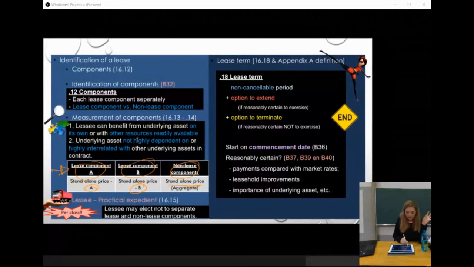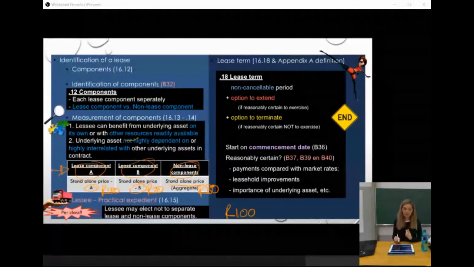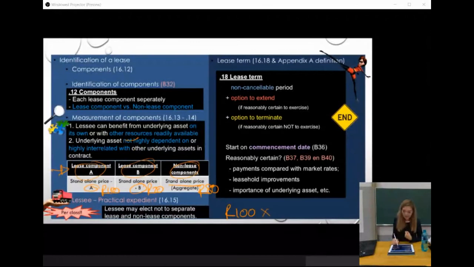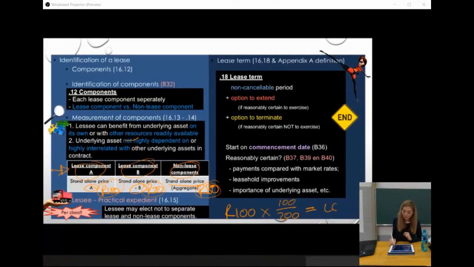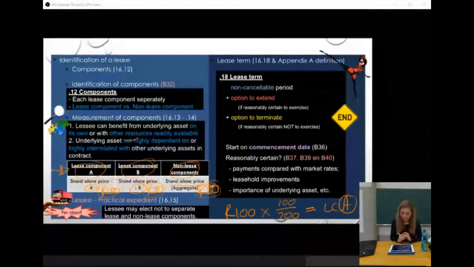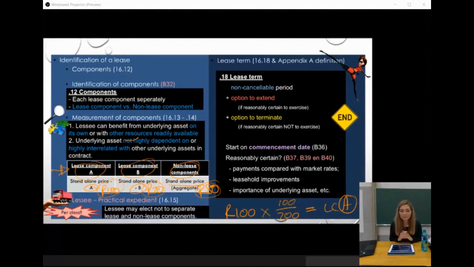If this was 100 Rand and this was 20 Rand and this was 80 Rand, and my total lease payment was only 100 Rand, then my lease payment multiplied by 100 over 200, which is the total of these three standalone prices, gives me the lease payment for lease component A. And then I do the same for lease component B and for the non-lease components.